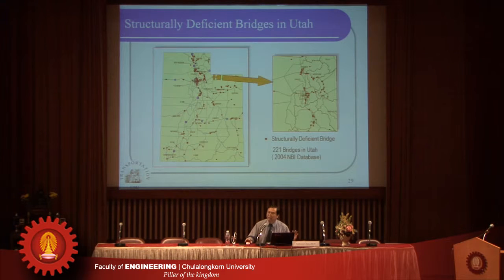I don't recall how many bridges there are in total, but it's probably in the order of thousands. So there are 221 as of 2004, and these are the locations that have a rating of less than 4 in at least one of the four components, okay?